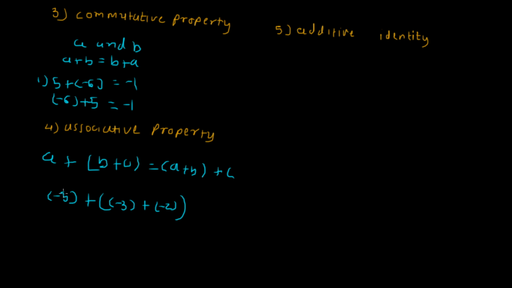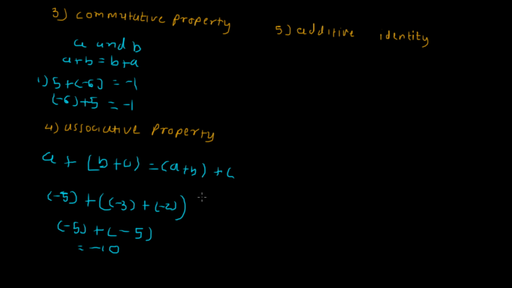This looks like 3, but this is 5. Sorry for my handwriting. Okay guys, let's calculate it. This is -5, and let's calculate this first. -3 plus -2 is -5. So guys, what will be the answer? The answer will be -10.